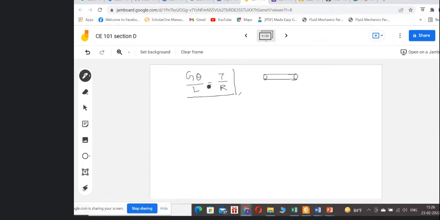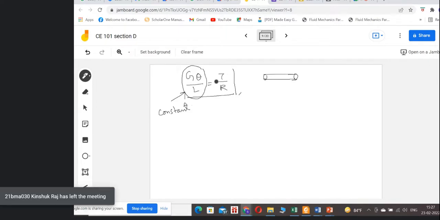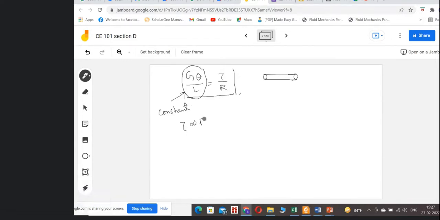From this expression, we can see that for a given shaft material subjected to a given twisting moment or torque, this portion will become a constant value. That means the shear stress upon the radius of the shaft becomes a constant value. That means shear stress is proportional to R.